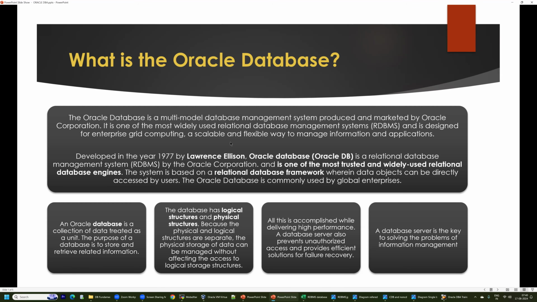Now, what is the benefit of having Oracle database instead of other databases? In the market, we have multiple databases, and Oracle database has been number one since the beginning. It has been almost 40 or 50 years since the product was launched, and they are still in the market.